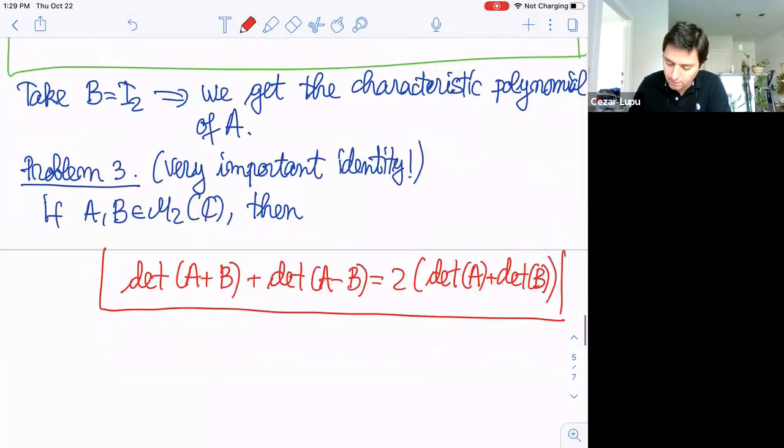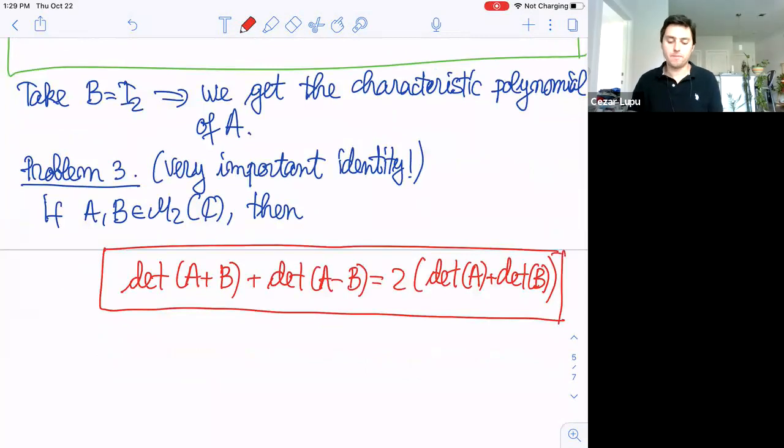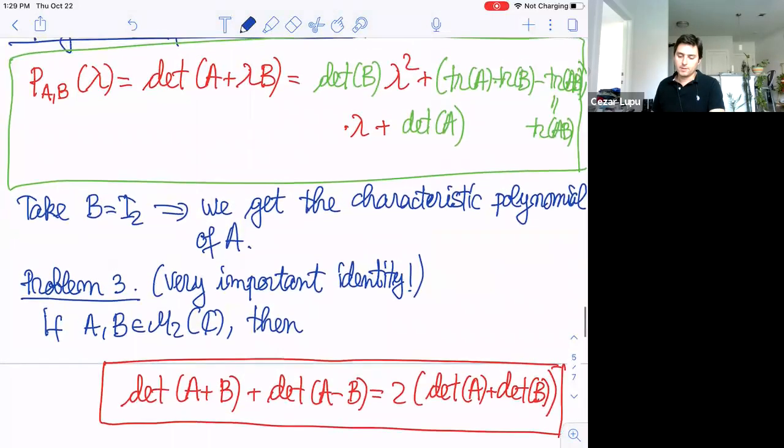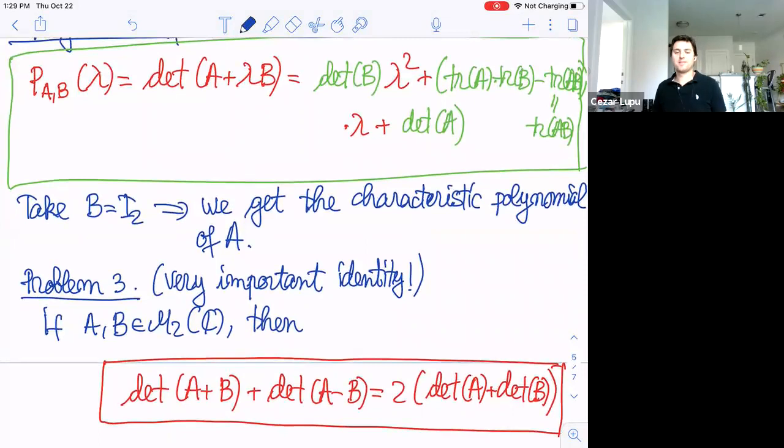So let's think of this. All right, let's see. I'm going to leave it like this so that you can see the hint.